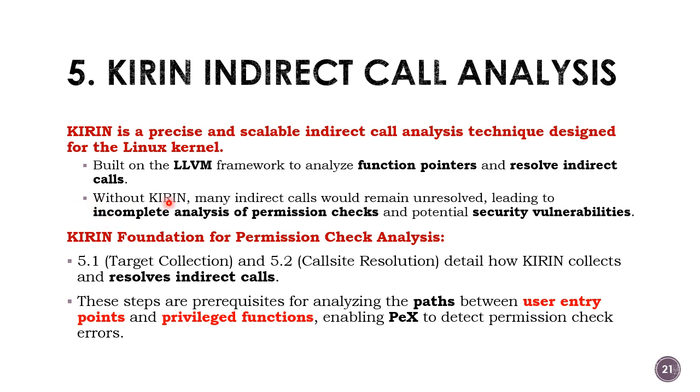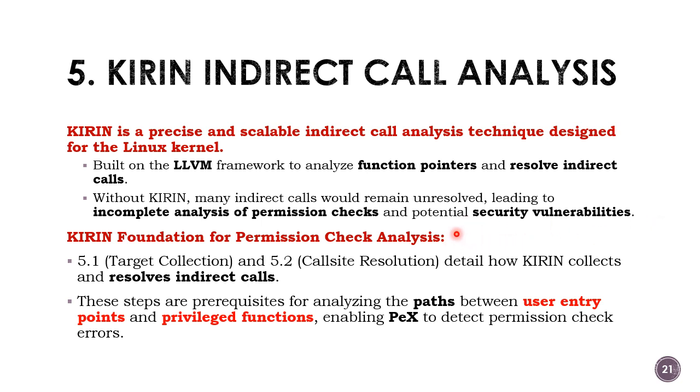And what about PACS without Kirin? If we don't have Kirin in PACS, it will cause incomplete analysis of permission checks and security vulnerabilities. But why would that be? Let's suppose we have several wrappers that wrap some low-level functions.